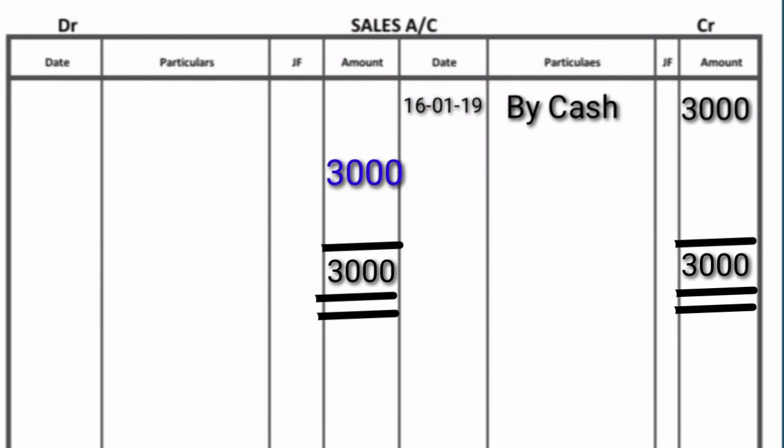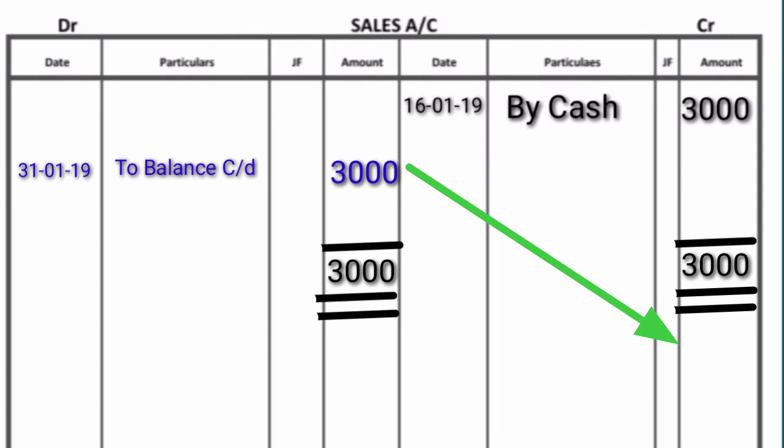That we can write on the debit side, rupees 3,000, and the date is 31st January 2019, and we can write in the particulars column to balance carried down. Okay, this 3,000 is the balance amount. This is the closing balance of the sales account. So this 3,000 we need to bring down in the next month. So we can write on the credit side 1st February 2019, by balance brought down 3,000.